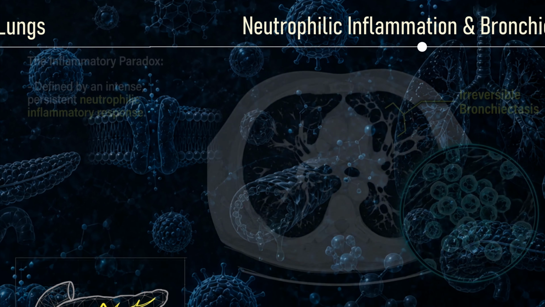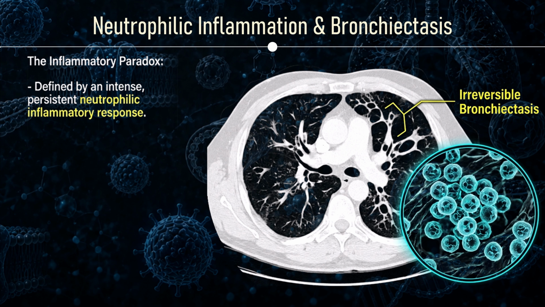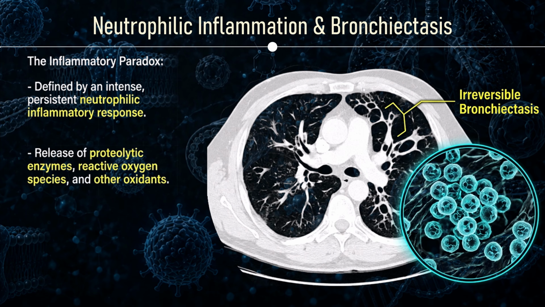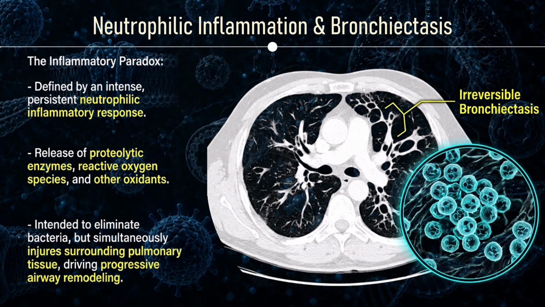Another defining feature of cystic fibrosis is an intense, persistent neutrophilic inflammatory response. Large numbers of neutrophils infiltrate the airway lumen and release proteolytic enzymes together with reactive oxygen species and other oxidants. Although these molecules are intended to eliminate bacteria, they simultaneously injure surrounding pulmonary tissue, leading to progressive airway remodeling and ultimately irreversible bronchiectasis.